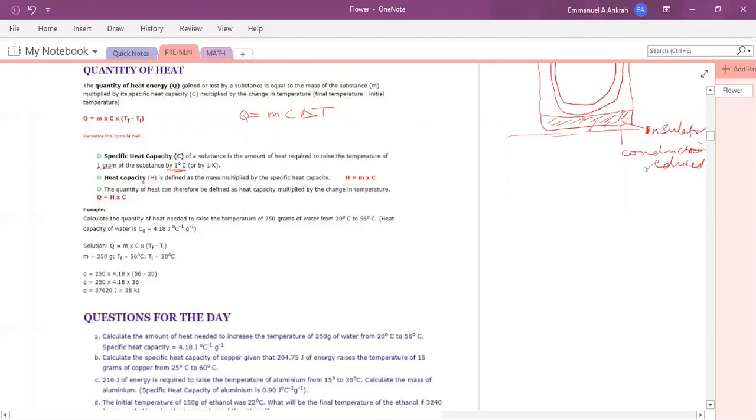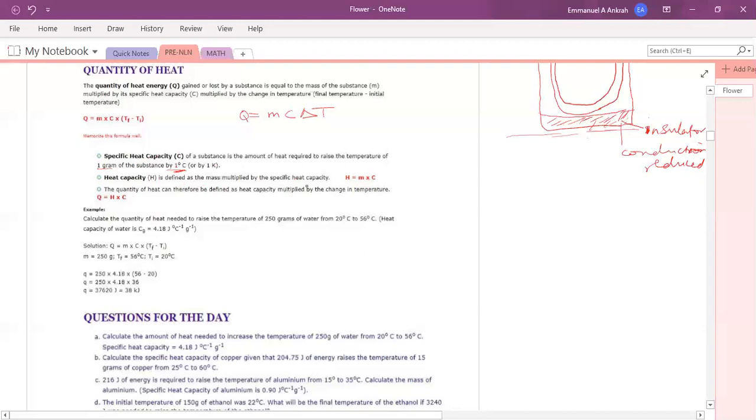Now the heat capacity is defined as the mass of the substance multiplied by the specific heat capacity. The first one, specific heat capacity, is per 1 gram. This time you're talking about heat capacity, which is just the mass times the specific heat capacity.